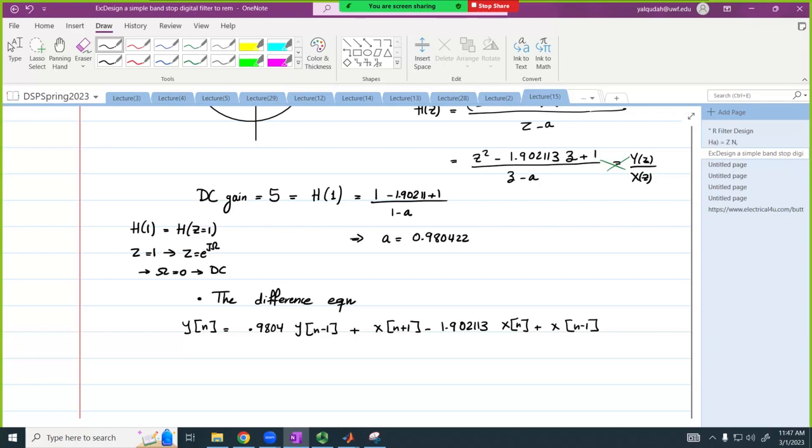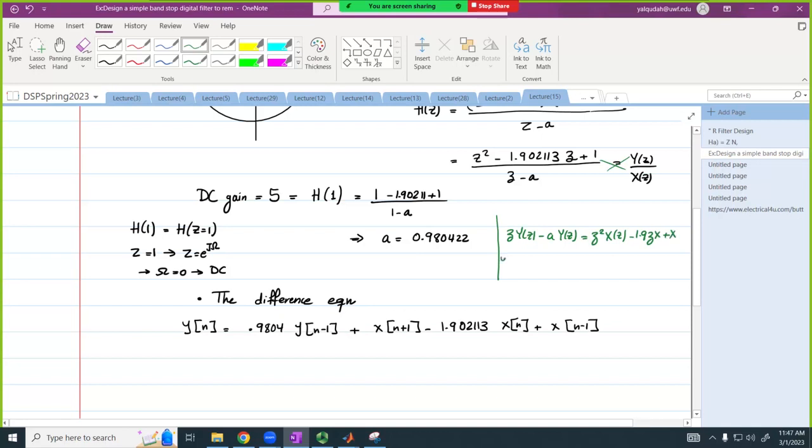Are we in agreement? Can you go over the x's? Yeah. So let's do it on this side here. We're going to have z multiplied by y of z minus a multiplied by y of z equal to z squared multiplied by x of z minus 1.9 z multiplied by x of z plus x of z.